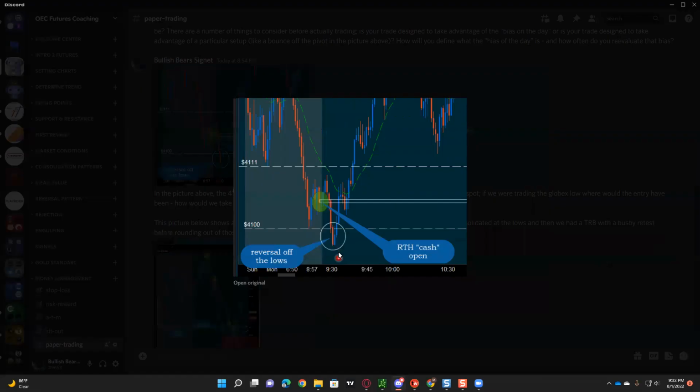Now here's a close-up of that same low, the 4100 pivot where we set in the Globex, and then we had the RTH cash open, and we ran right back down there and retested that pivot. Now that's a double bottom. And with double bottoms, you very often see price go lower than the previous low. It's designed to trap shorts.